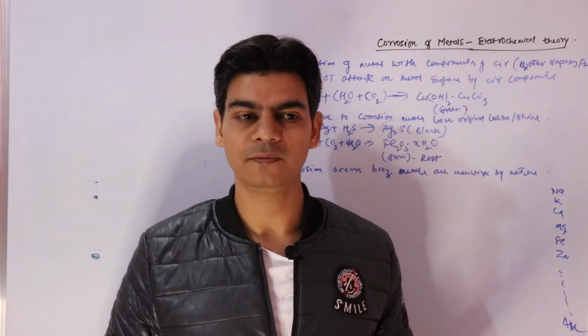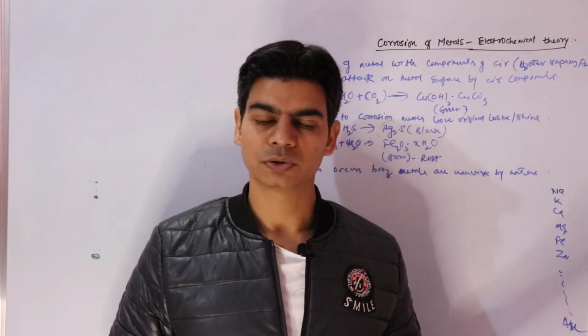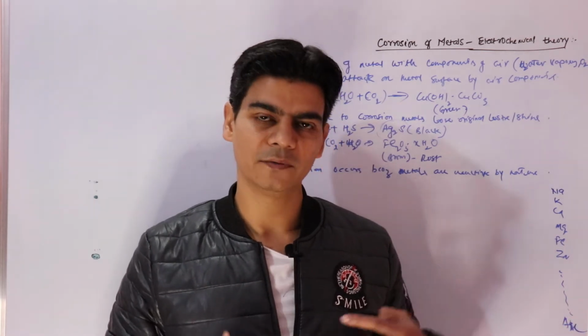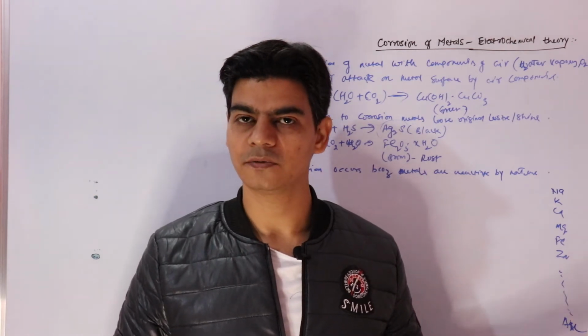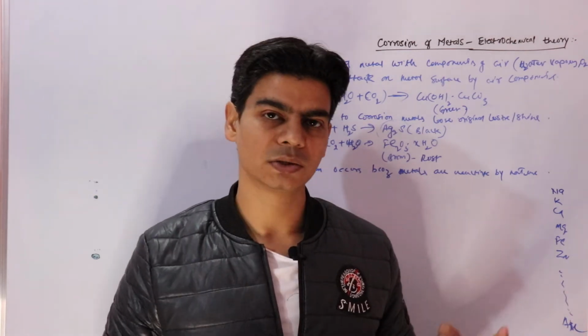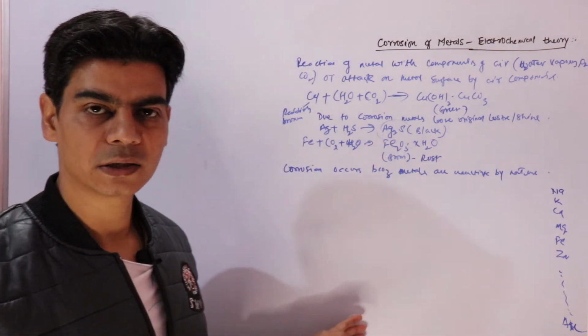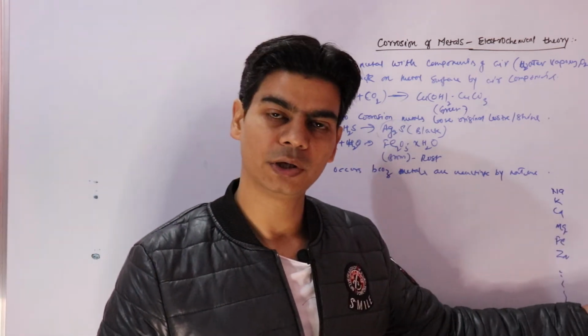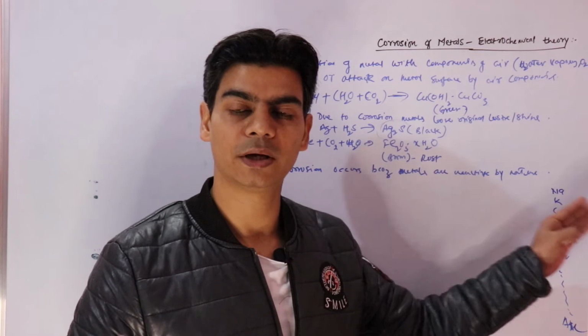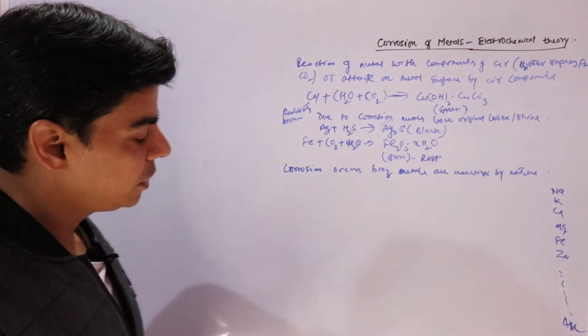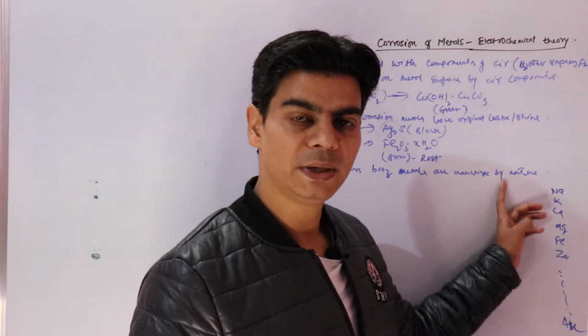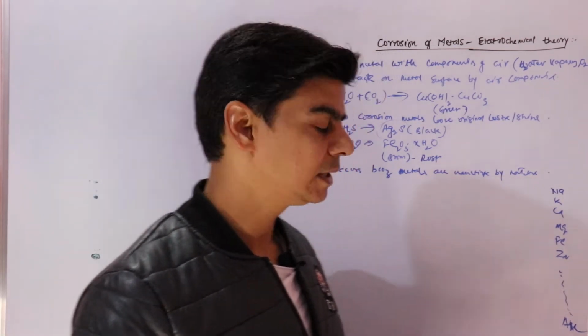So silver jewelry will acquire black color. Why? Because silver, being reactive metal, will react with hydrogen sulfide to form silver sulfide, whereas gold, which is a least reactive metal, doesn't react with components of air even if it is exposed to air for 100 years. Right? So as the reactivity of metals goes down, there would be less chances of metals getting corroded.